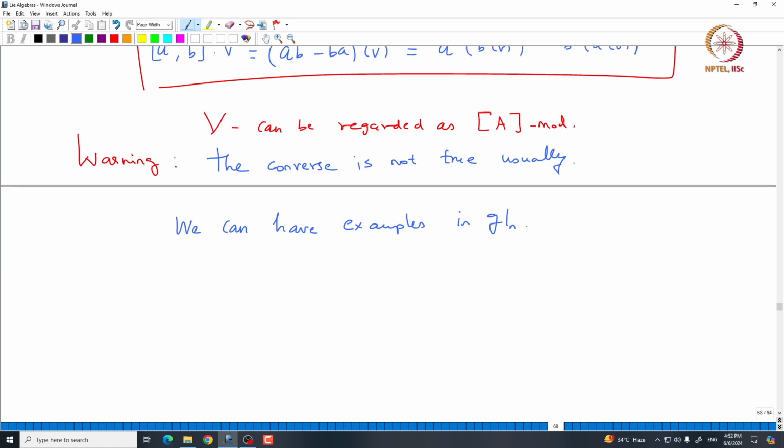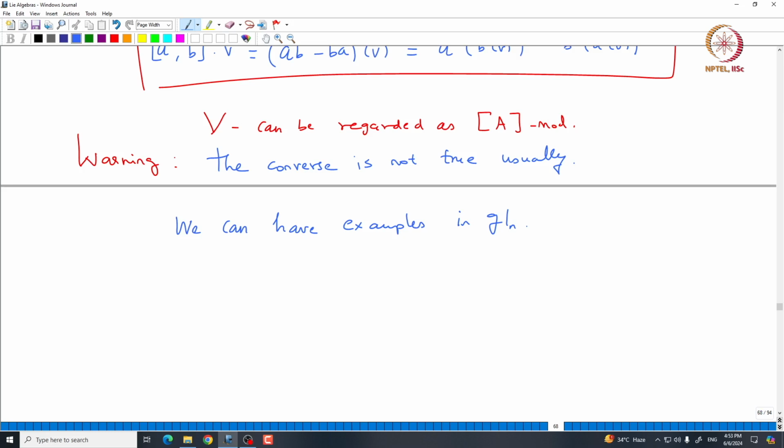So, there is a natural associative algebra that we define for any given g. That will be called the universal enveloping algebra, and we will see later that there is a very close relationship between the representation theory of Lie algebras and their universal enveloping algebras, okay. So, that is the only connection that we have, okay.